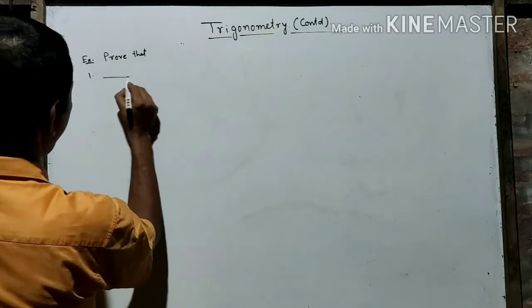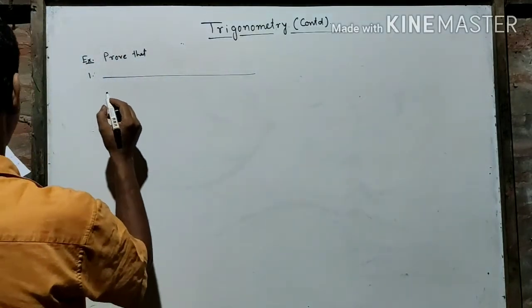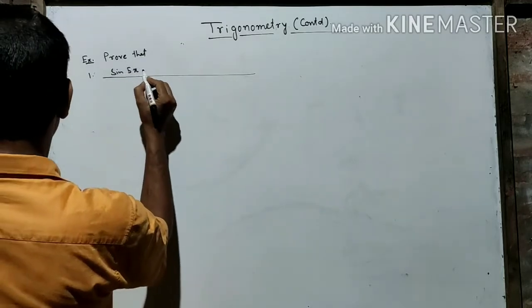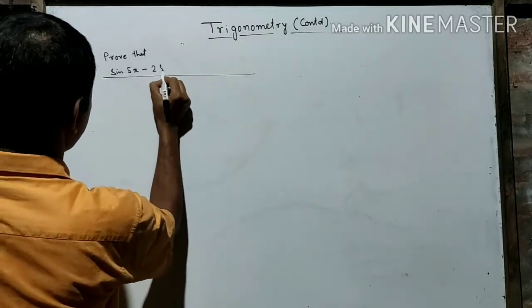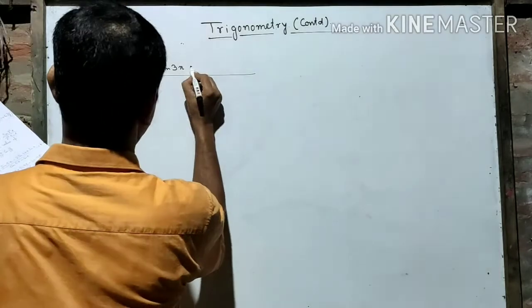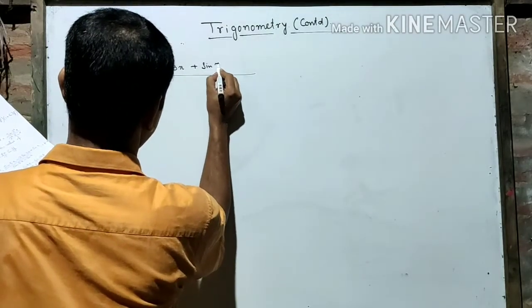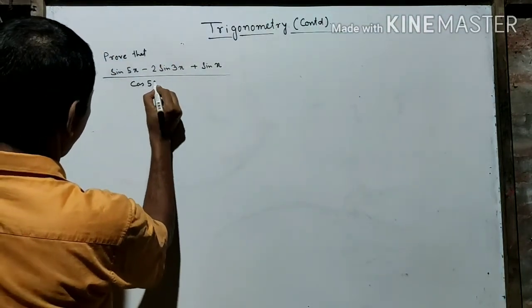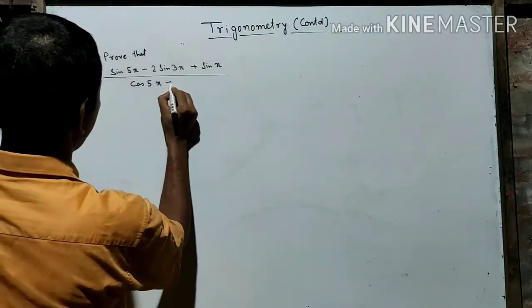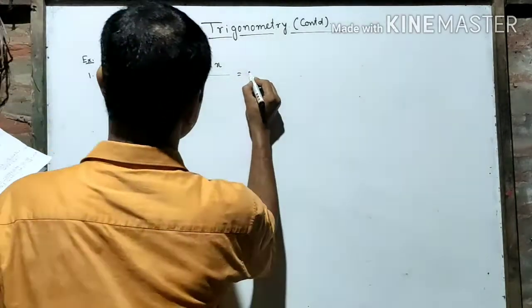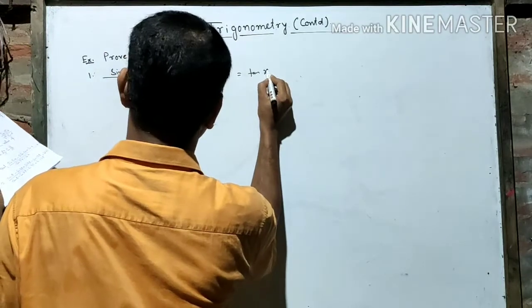Number 1, sin 5x minus 2 sin thrice x plus sin x divided by cos 5x minus cos x equal to x.